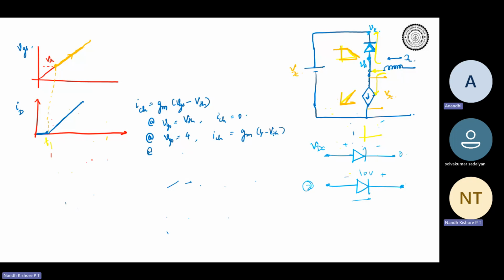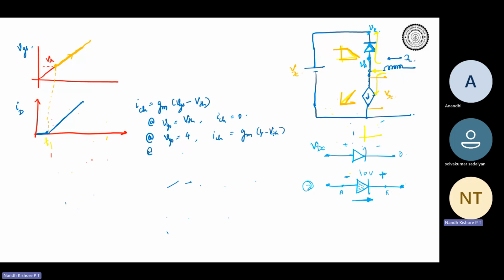Take this case: can a diode conduct like this, with the anode here and the cathode there? No. So the diode cannot conduct if there is some voltage appearing across it. If there is a voltage appearing across a diode, the diode cannot conduct.